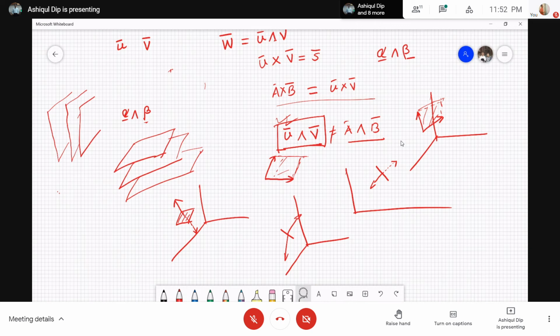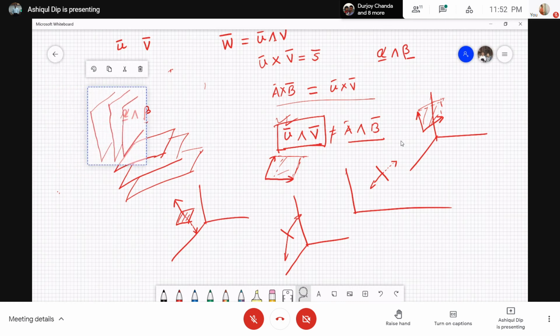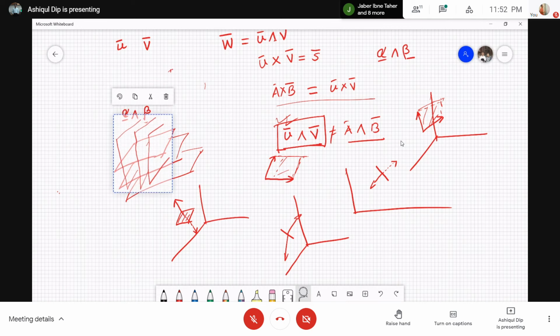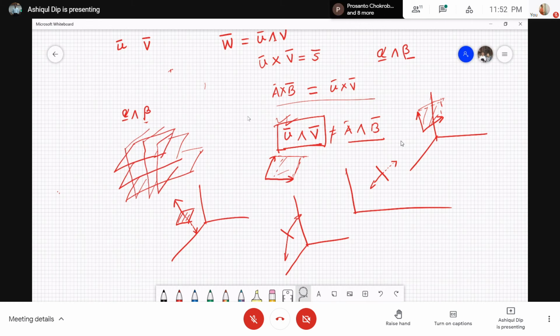So if I take this thing over there, what will it construct? A 3-dimensional grid.